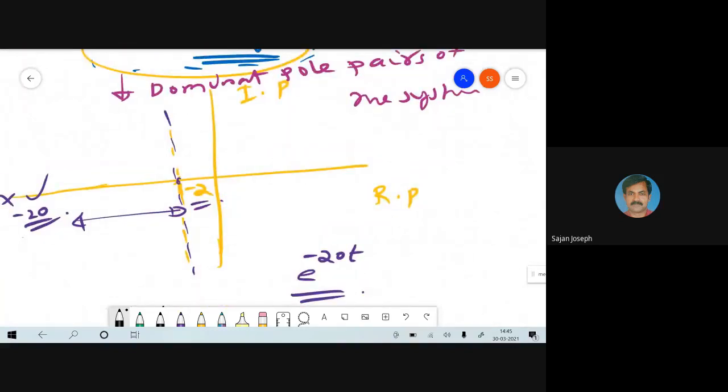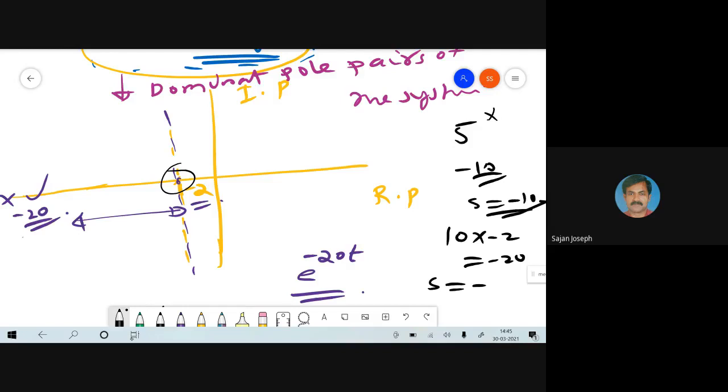The insignificant pole is selected at, say, 5 times the real part of the dominant pole pairs. Here 5 times means 5 into minus 2, that is minus 10. So you can place it at s equal to minus 10, that is enough. But we will be placing it at 10 times minus 2, which means minus 20. That means we will place the third pole at s equal to minus 20.